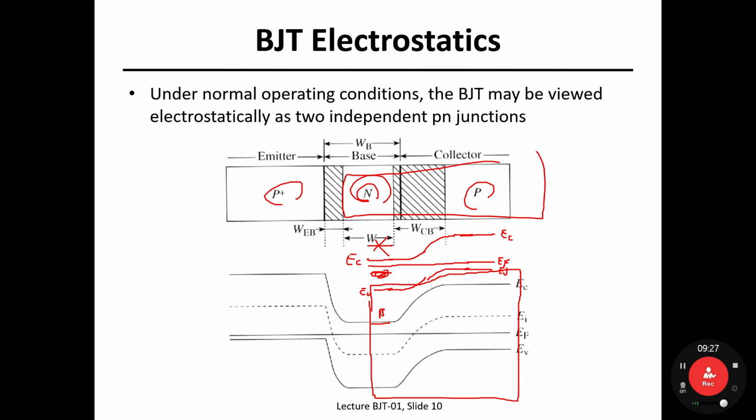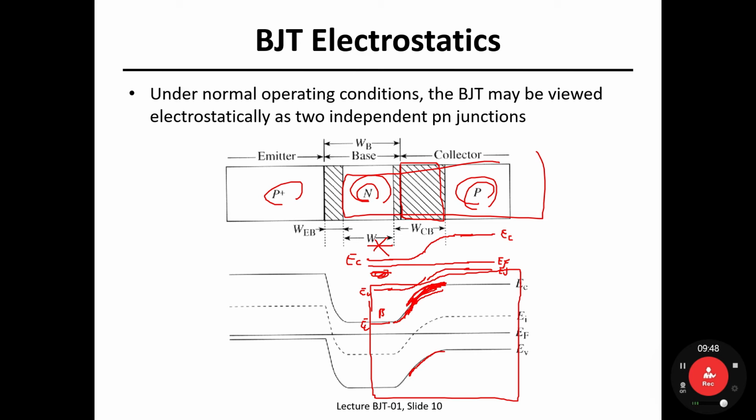So this is the base part conduction band edge, with band bending here and there. But notice that most of the depletion layer has been formed on the lightly doped side, which is the collector. So most of the band bending actually happens on the collector side. Take a look here.